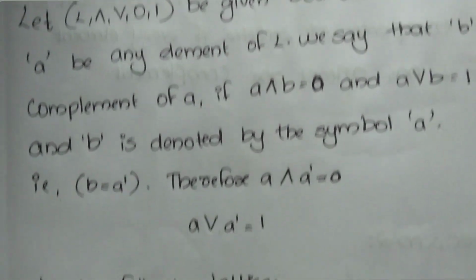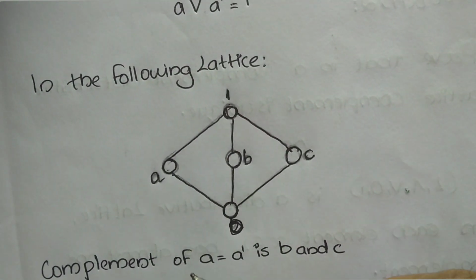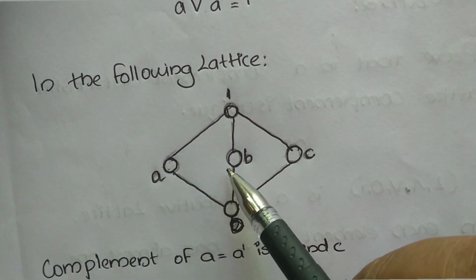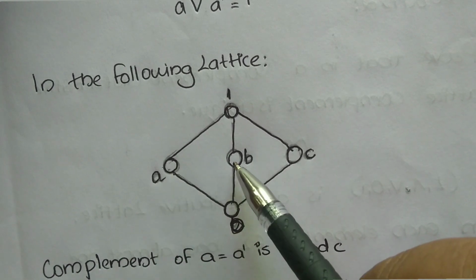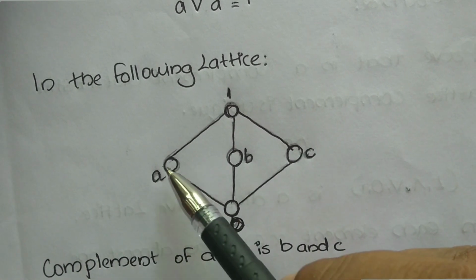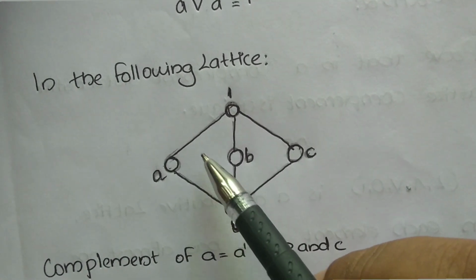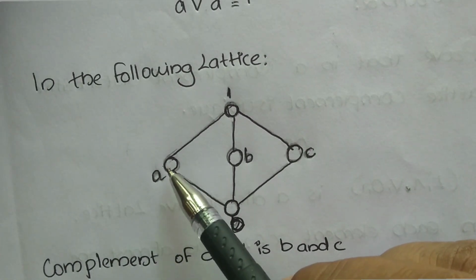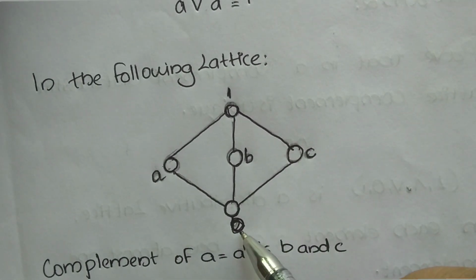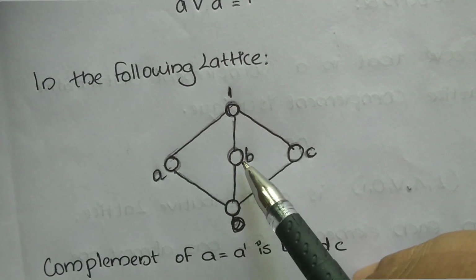So let us take this example. This is a lattice. GLB of A and B is equal to 0 and LUB of A and B is equal to 1. Also GLB of A and C is equal to 0 and LUB of A and C is equal to 1.